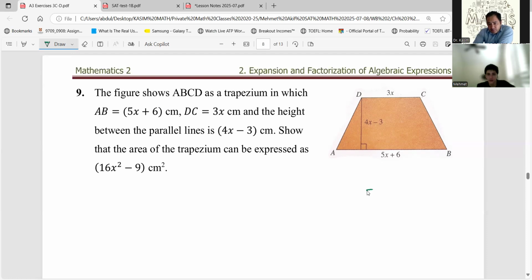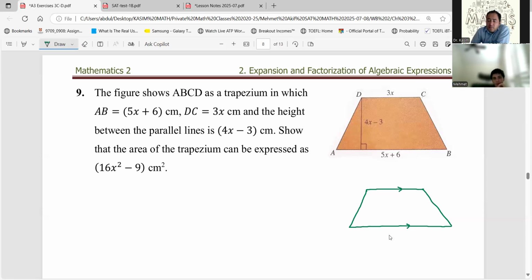You know trapezoids? Can you give me the definition of trapezoid? What is the simple definition of trapezoid?